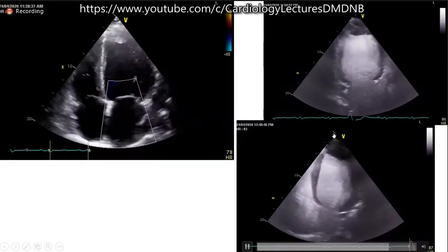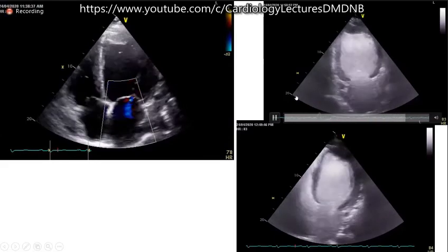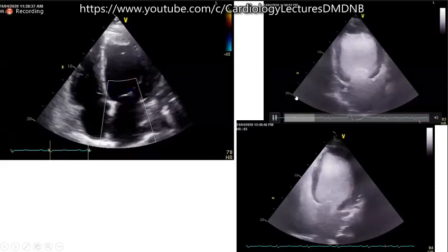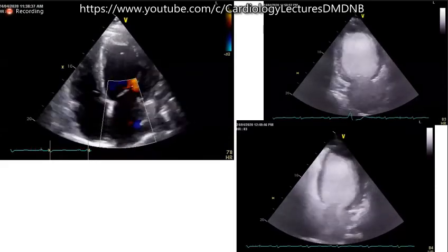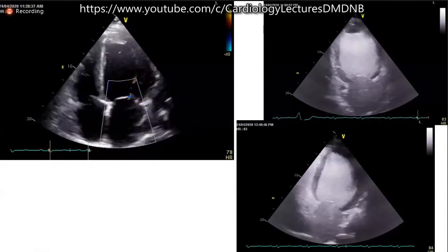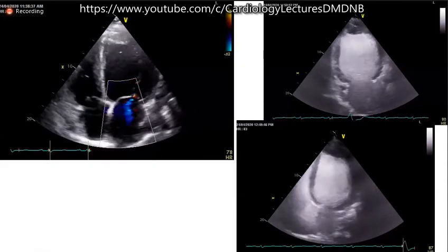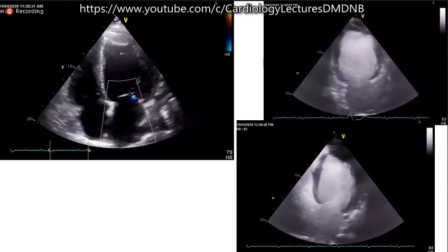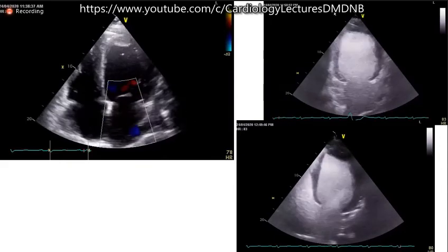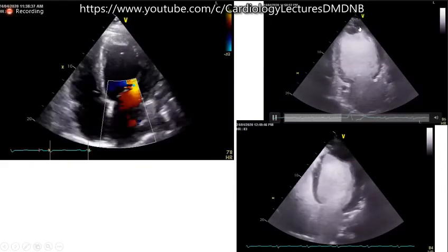So contrast echo is always useful to detect a small thrombus which we are not sure about, or sometimes we might have even missed. And contrast echo of this nature can make out the filling defect, which is due to a thrombus.